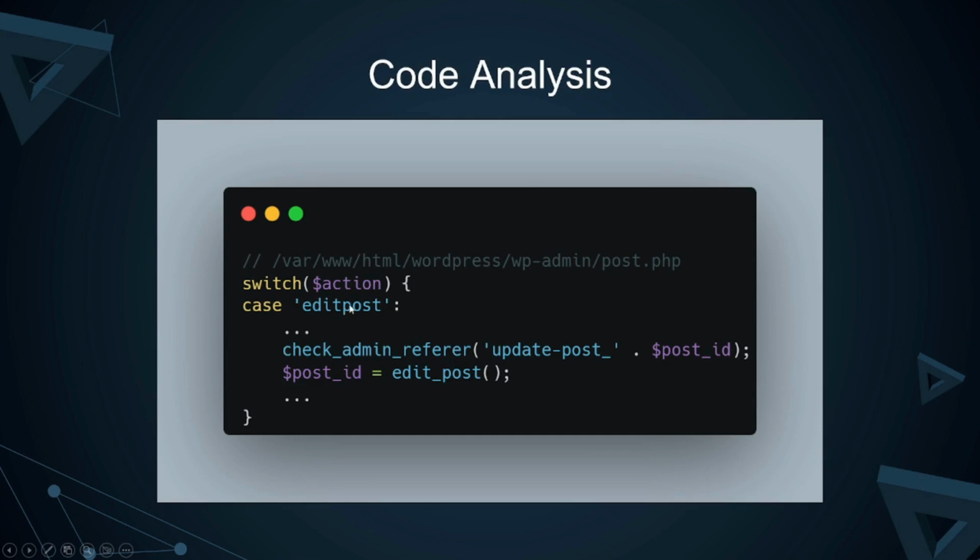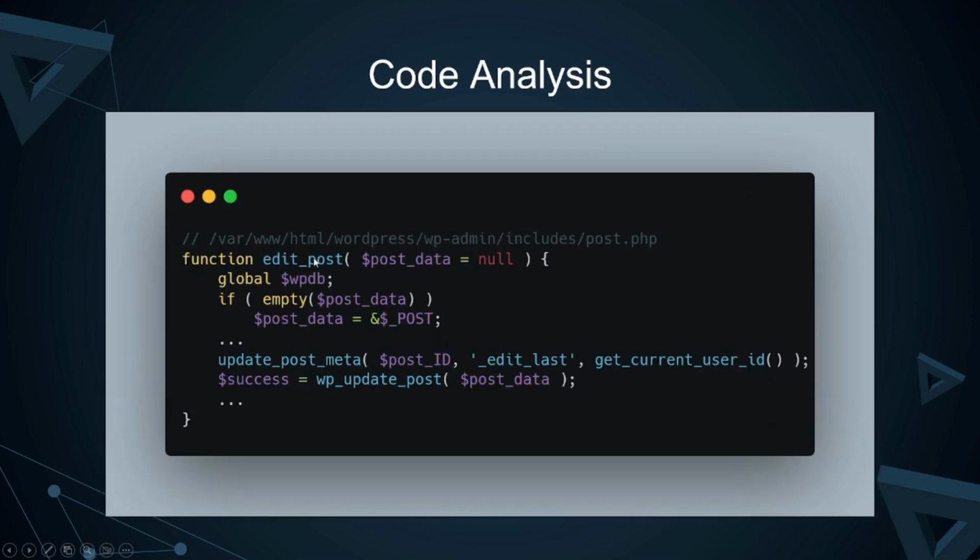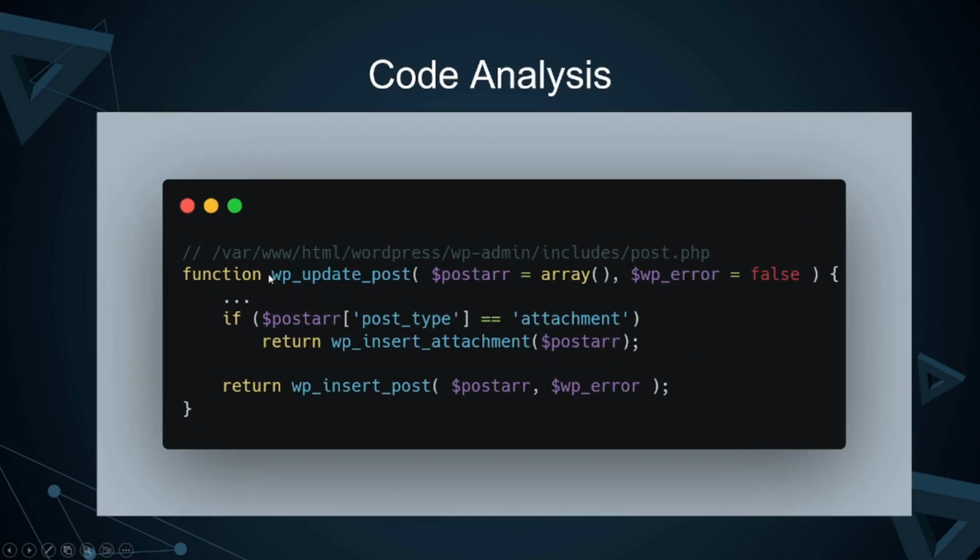This is the first layer of the post request. You can see edit post, then post ID equal to edit post here. If you go further into this edit_post function, you can see update_post_meta, and if successful, then wp_update_post. Going further in the wp_update_post function, I think it's wp_insert_post.